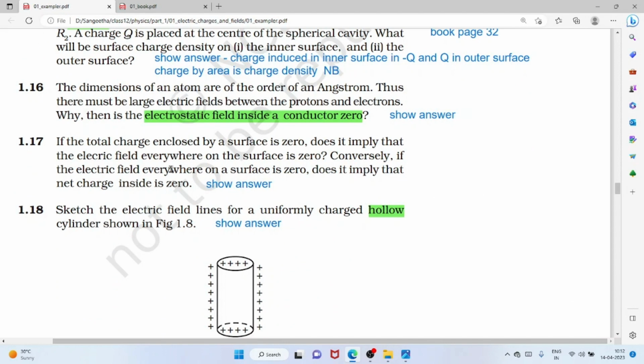The dimensions of an atom are of the order of angstroms, so there must be a large electric field between the protons and electrons. Why then is the electrostatic field inside the conductor 0? Question 16.